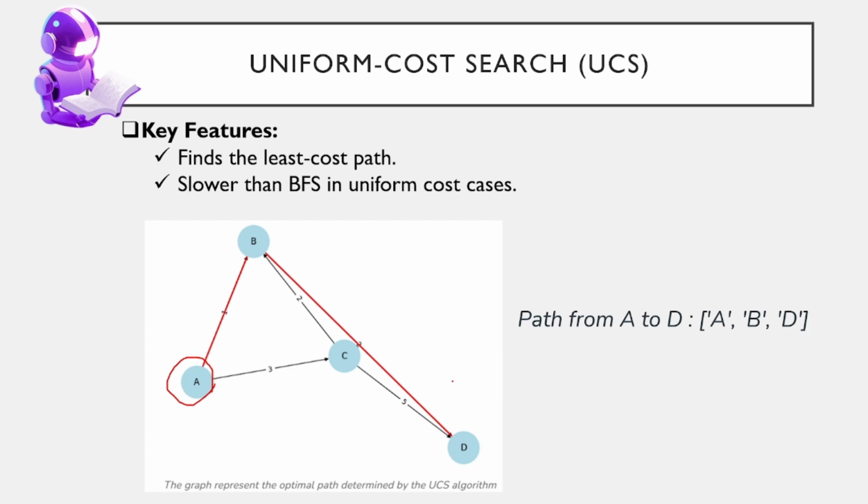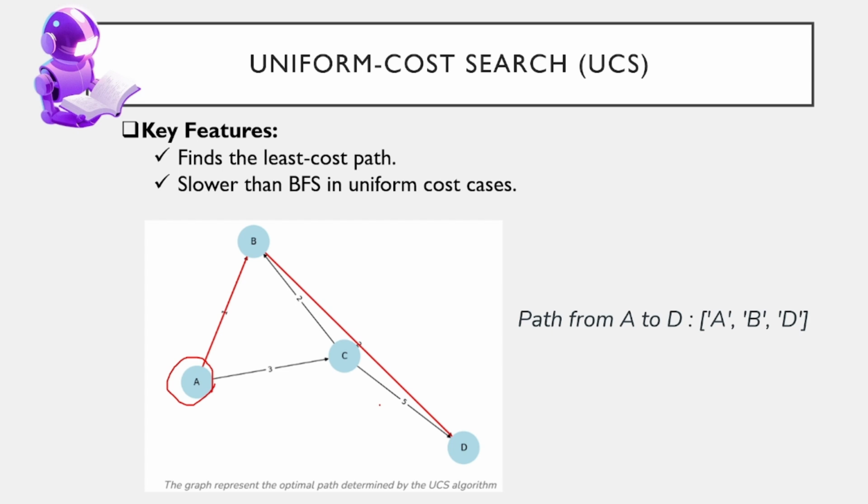We add our new node D to the queue at cost 3. Our queue now has C at a cost of 3 and D at a cost of 3, so there is another tie. UCS can expand either one first. Let's say it picks D.